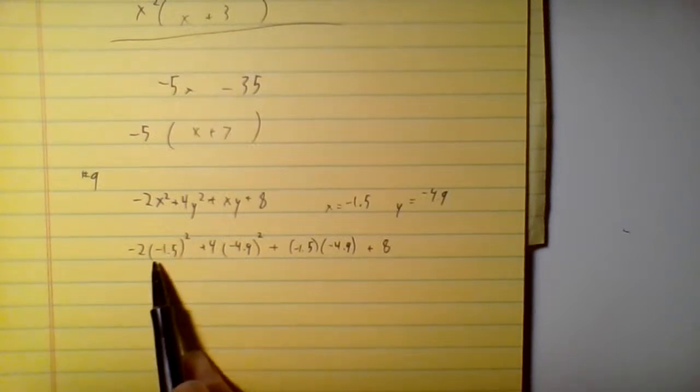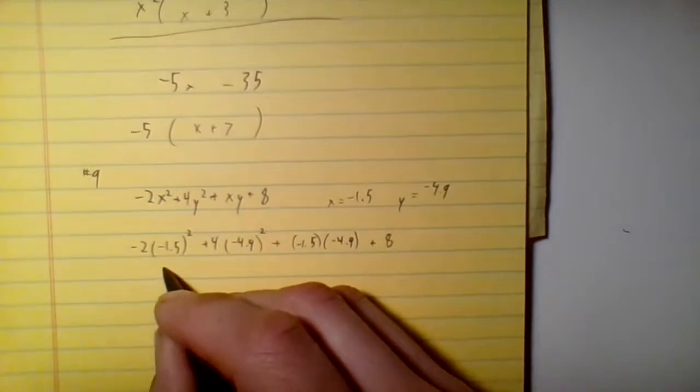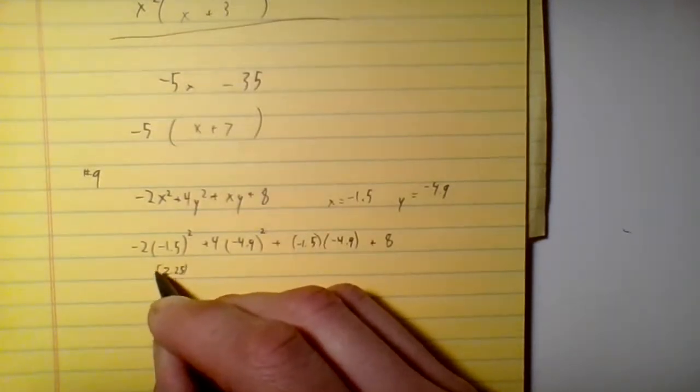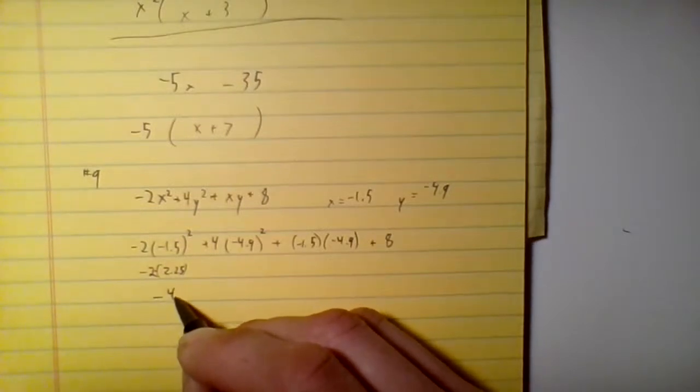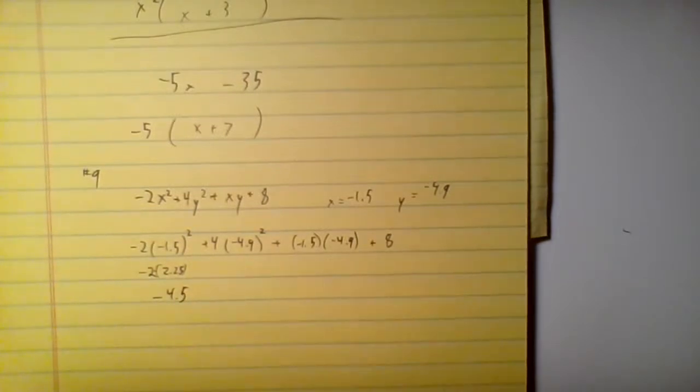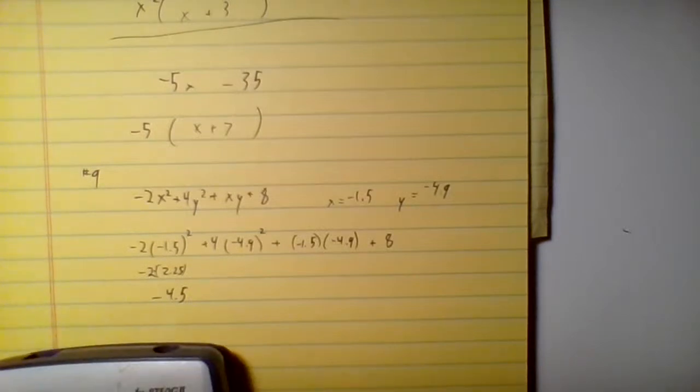The squaring is going to come out positive, but then you're multiplying by a -2, so we are going to end up with a negative on that term. I like to do stuff a step at a time when calculations like this are involved, at least a term at a time, so I'm not really making a big mess with the calculator.